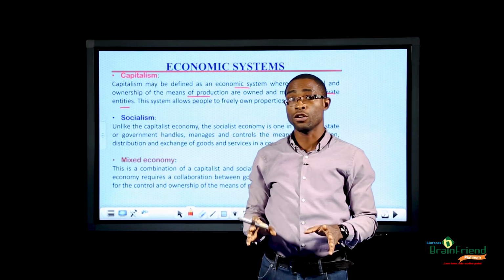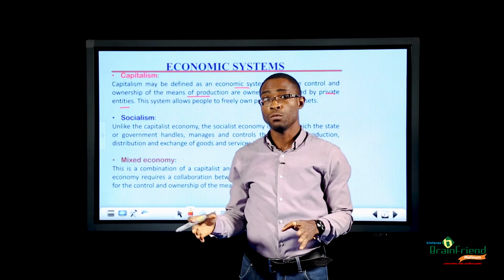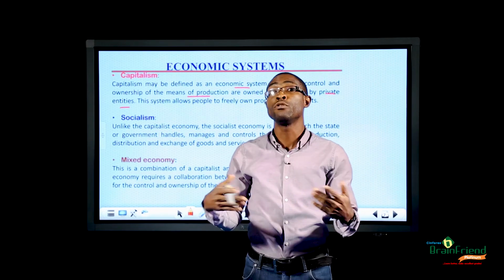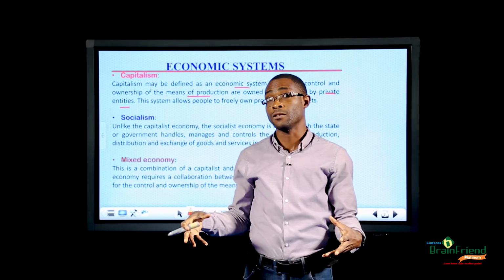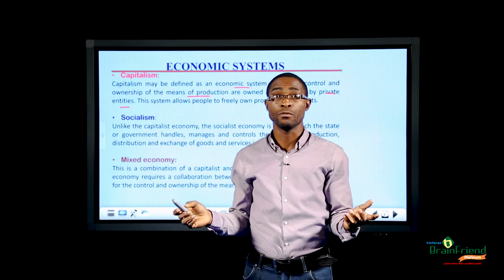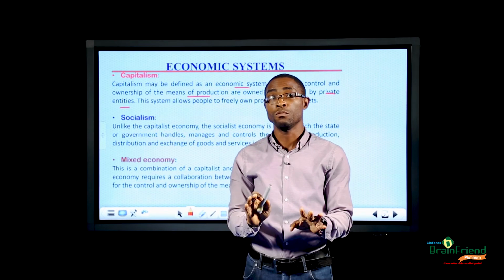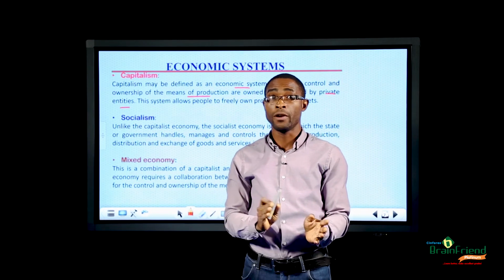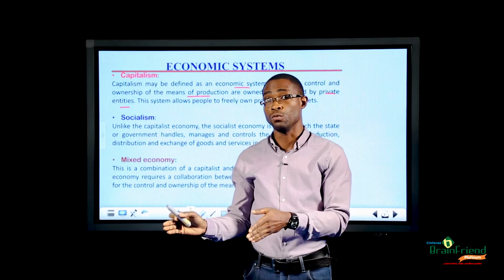In such an economy, the control, management, and provision of basic amenities are the sole functions of private individuals, not government. So there is a need for school. A private individual comes up with a school.